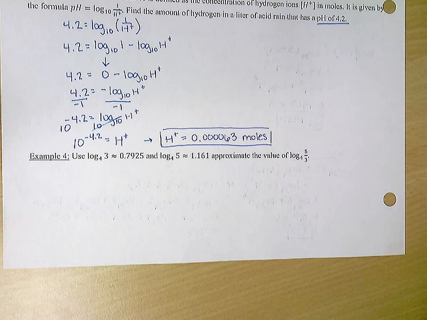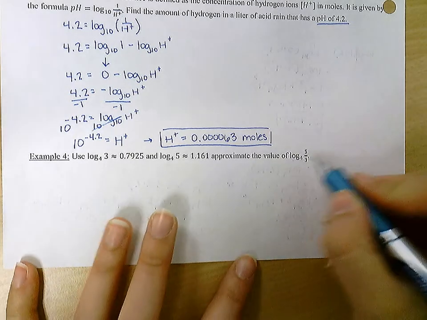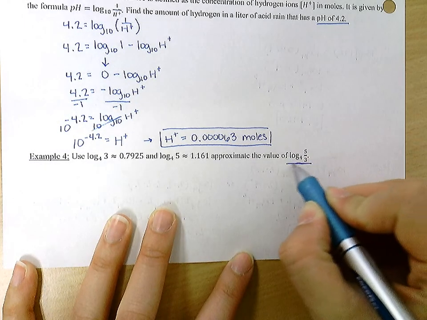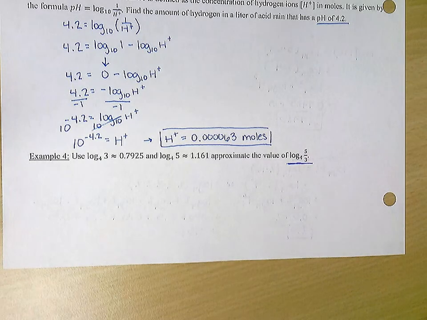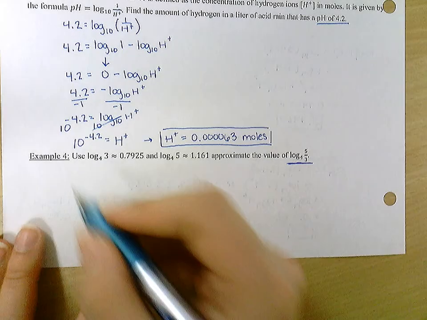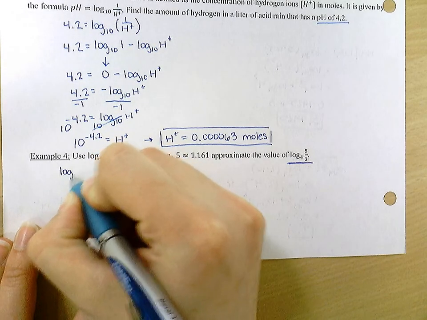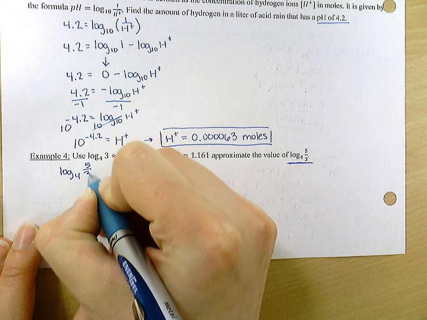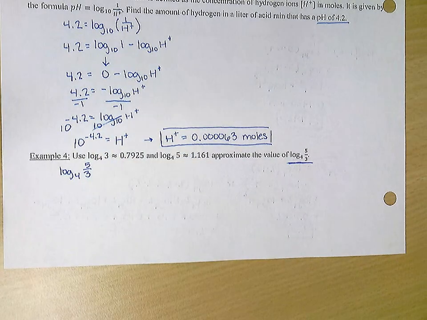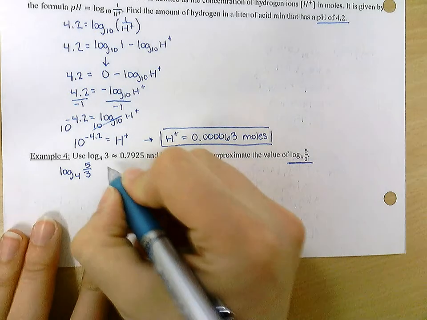Here we have log base 4 of 3 is about 0.7925, and log base 4 of 5 is about 1.161. We want to approximate the value of log base 4 of 5 over 3. It's easier to approximate this value when it's not in a fraction form, so I want to change this into subtraction instead.